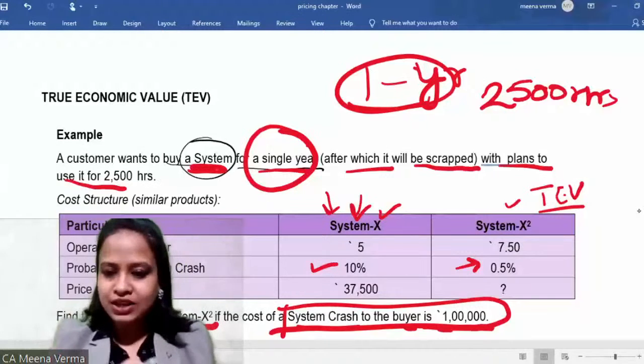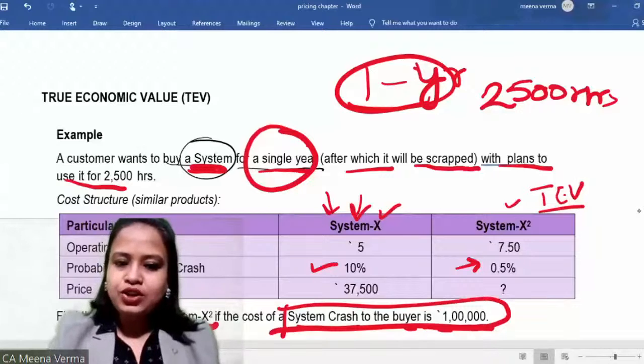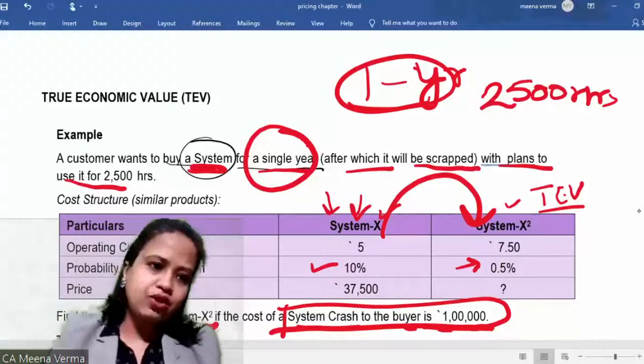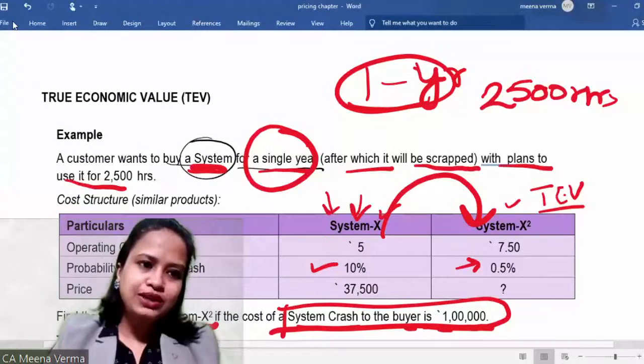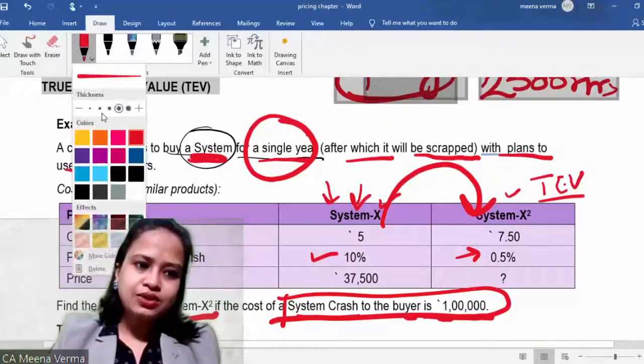But your operating cost is more than the similar product in the market. Okay? Do you understand what they are trying to explain to you here?